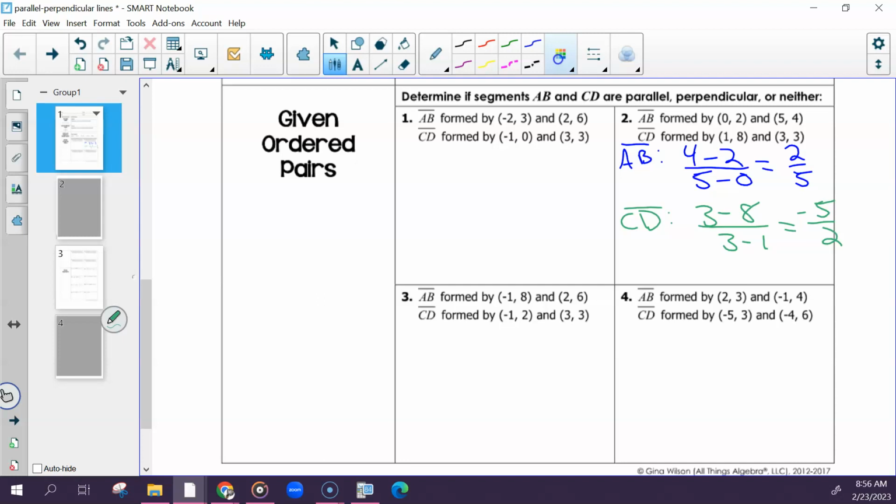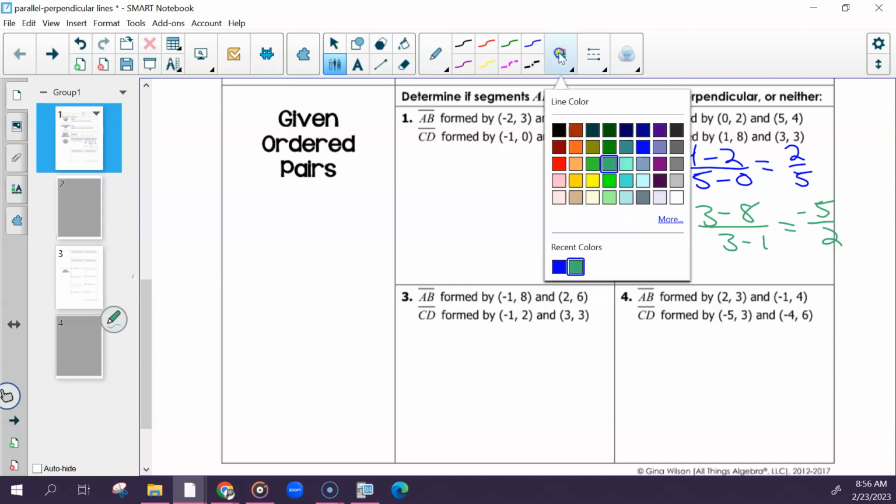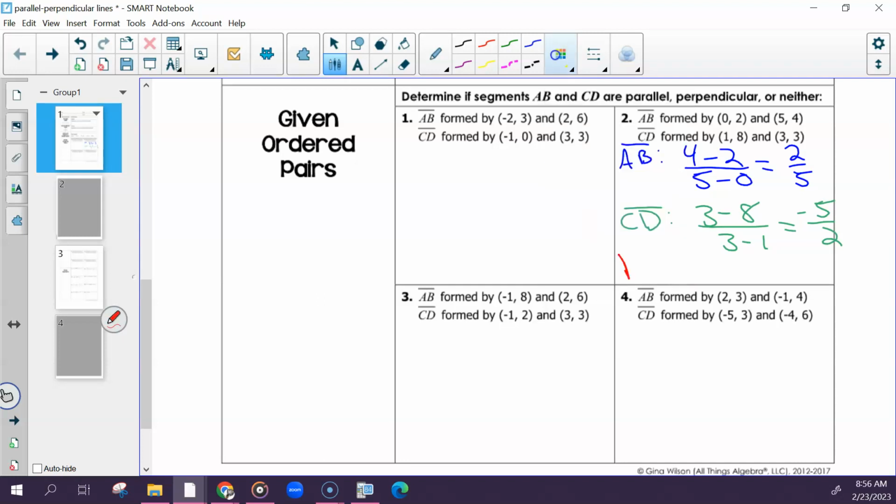Is this parallel, perpendicular, or neither? Go ahead, Linda. Perpendicular, because they're flipped, and one's negative. You can either write that out or put the upside down T. Questions on that one?